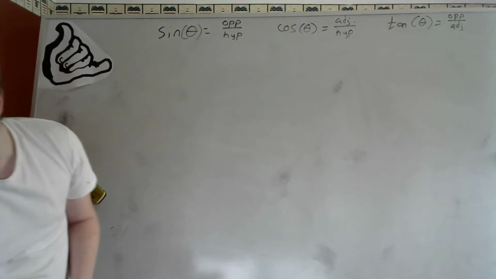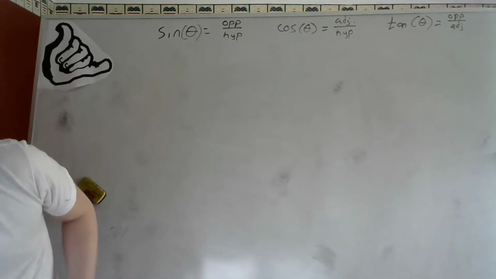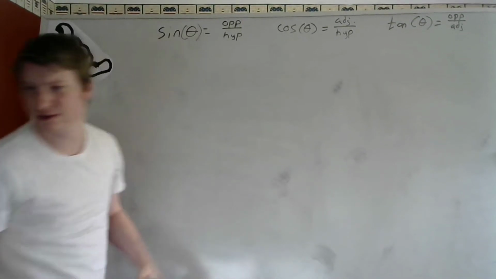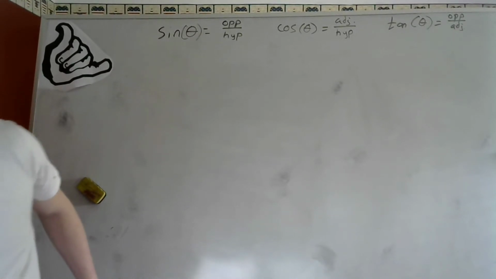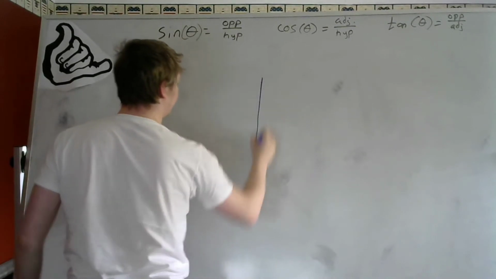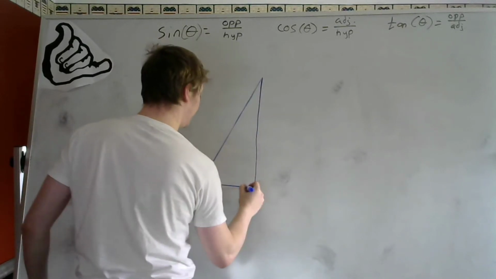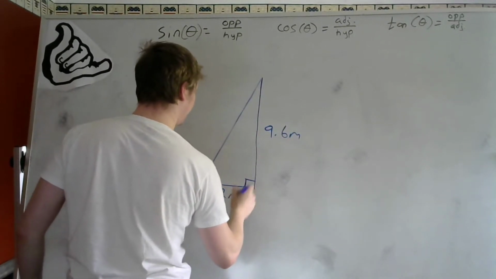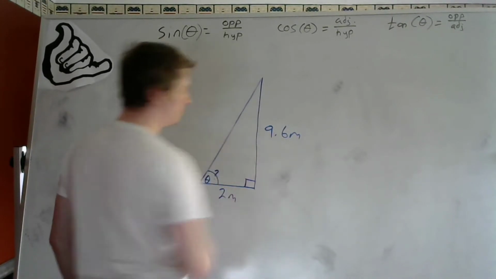So for a tangent problem, let's take a look at number 14, because why not? 9.6 and 2. Is that right? Yeah, that's very, very not drawn to scale. Let's try to make it a little bit more drawn to scale than it is. 9.6 and 2 meters, and I think we want this angle down here.